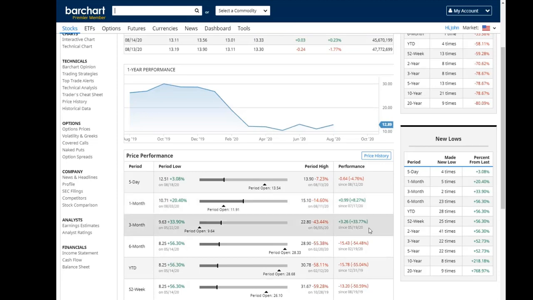And I can see that over the last 3 months, American Airlines has appreciated by about 33%, or about 10% a month. So that 8 to 10% is a target that is very probable in terms of American Airlines.